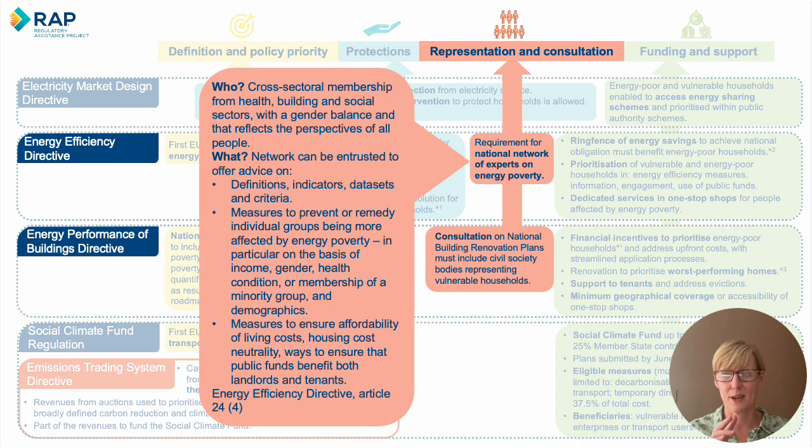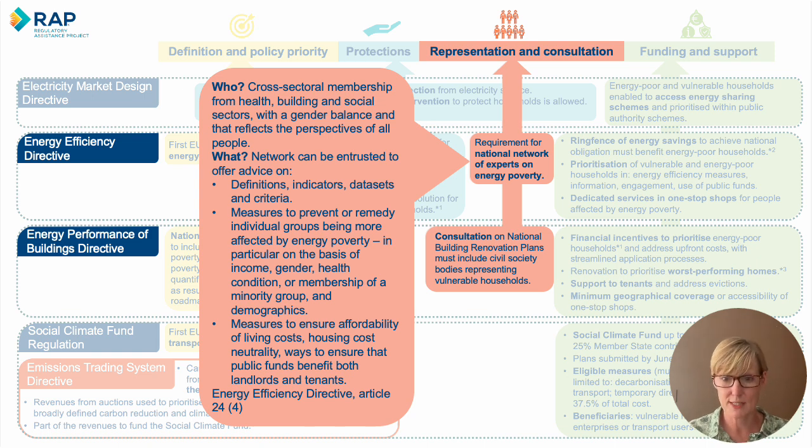Then going to the Efficiency Directive, we have a very significant new measure to ensure broader stakeholder engagement. And this directive requires that every country has a national network of experts on energy poverty. It goes further to require minimum, cross-sectoral membership of those groups, and gives some firm suggestions on what those groups should do.